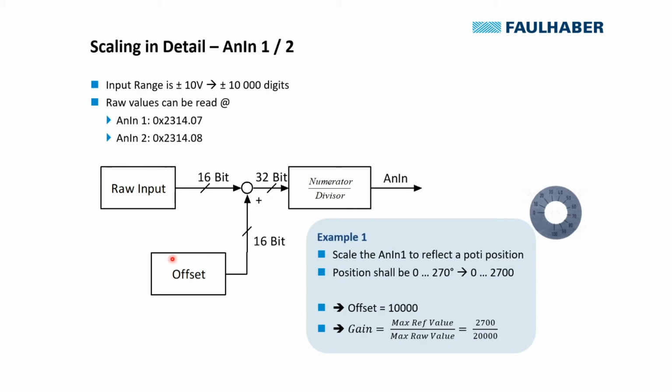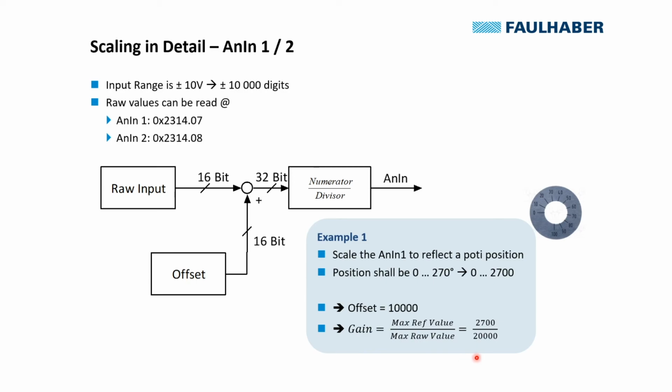Second, after we determine the offset, is to determine the gain. When we now go to the maximum input value with the plus 10,000 of raw input here, we would add the offset, the 10,000 that we determined, end up with the 20,000 and want to generate a value of 2,700 out of this.